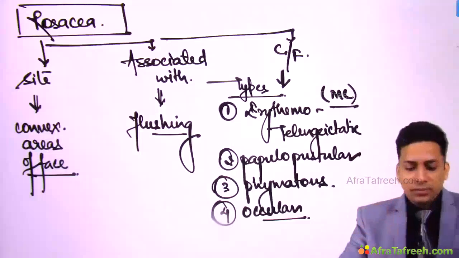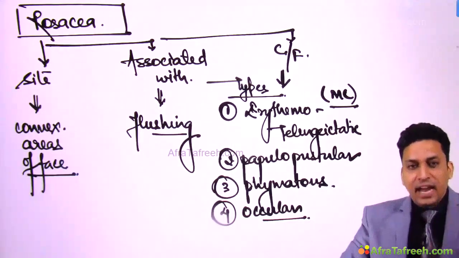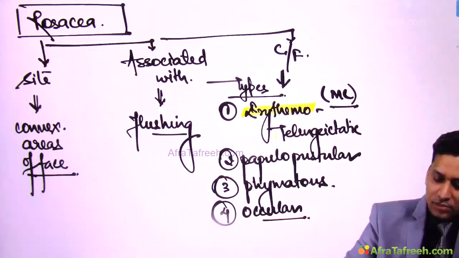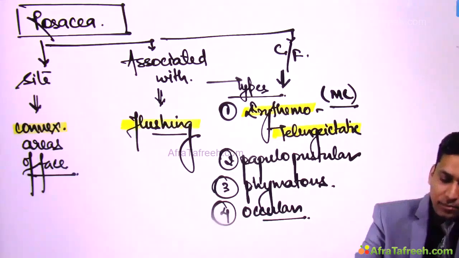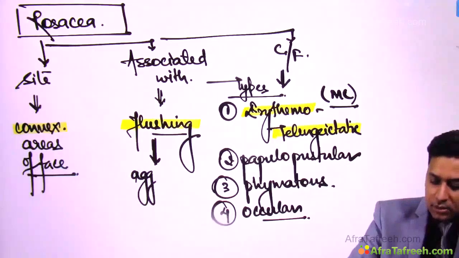So whenever a question comes on rosacea, you will find it will be written that the patient develops erythematous lesions with telangiectasia over convexities of the face associated with flushing. Sometimes this flushing aggravates on exposure to heat.